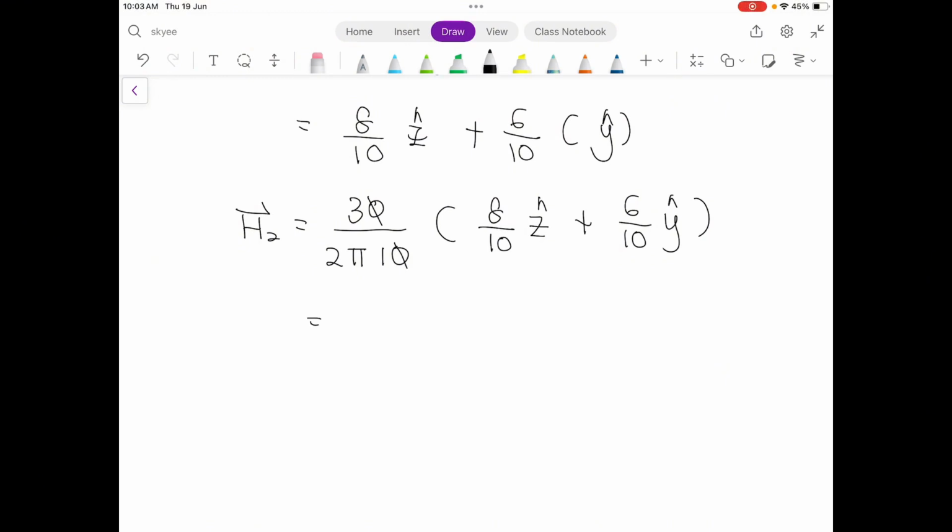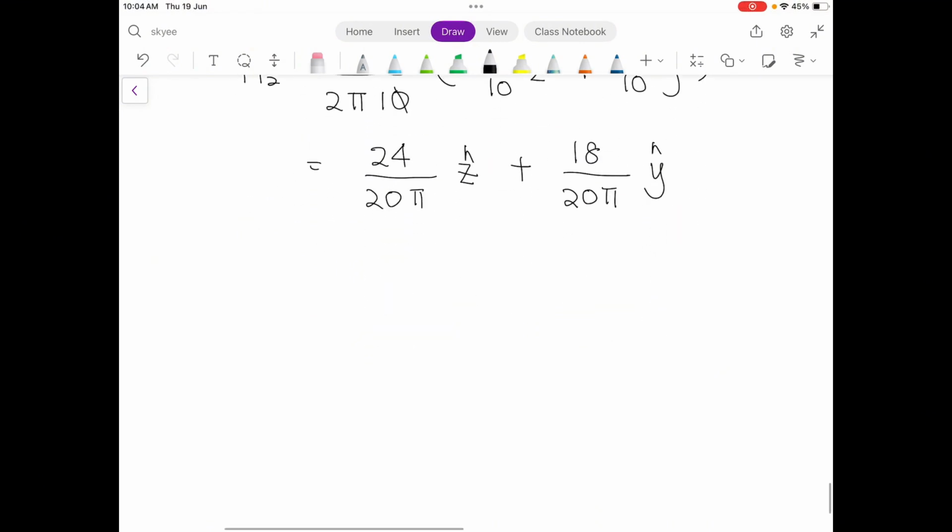So if we do this, it is 24 over 20 pi z plus 18 over 20 pi y. Of course, if you want to calculate the value, that is also fine.